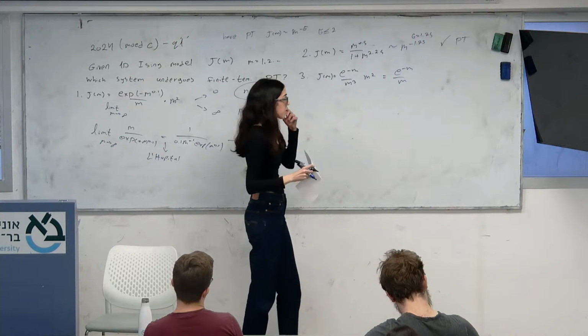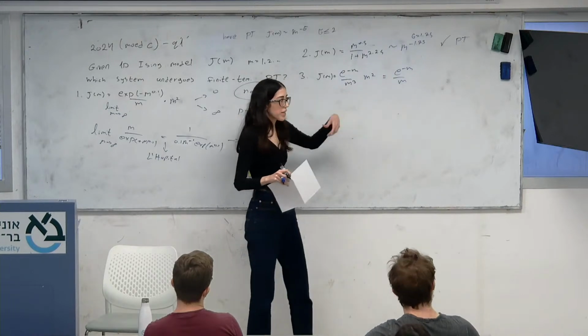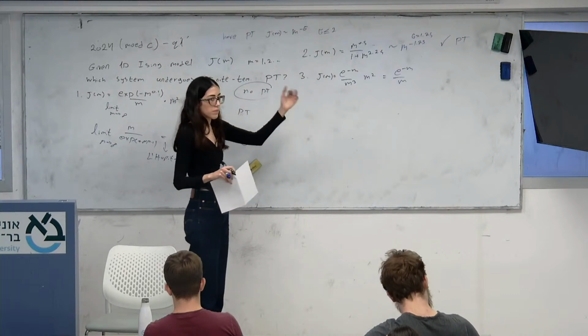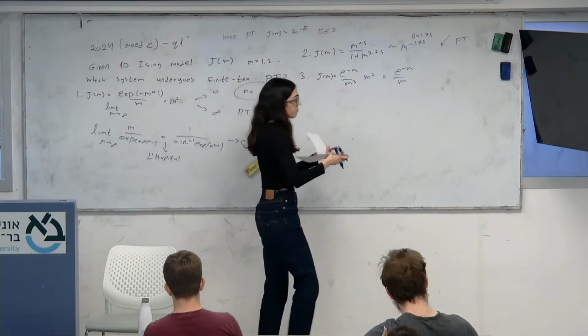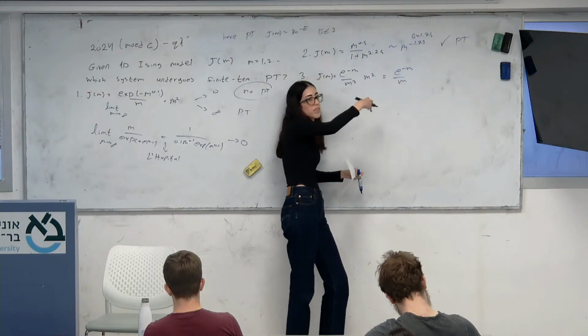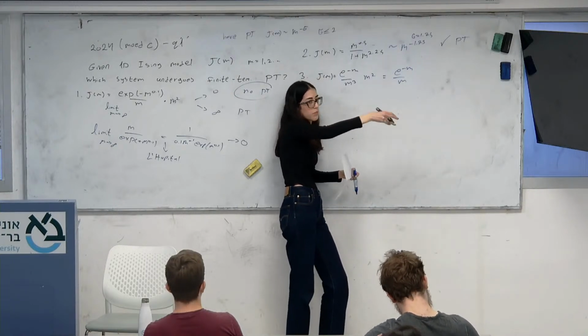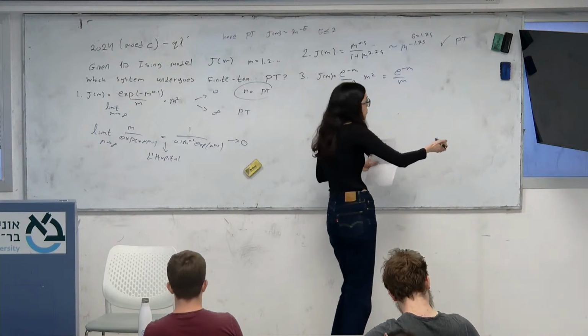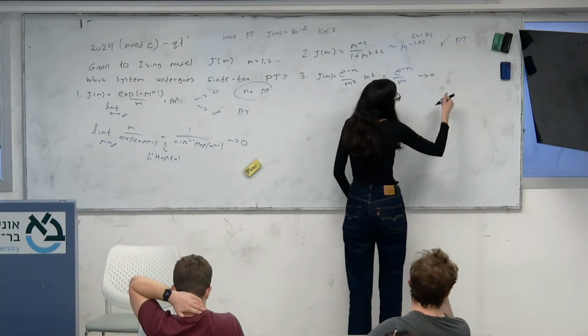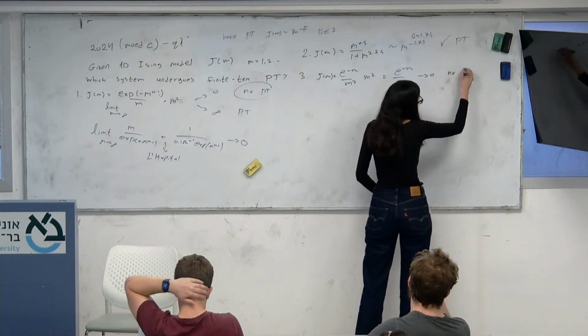And again, even though we still divide by m, the exponents decay much faster. So the 1 over m just makes it decay even faster than the exponent. So we clearly don't care about that. So this is equal to 0, and so no phase transition.